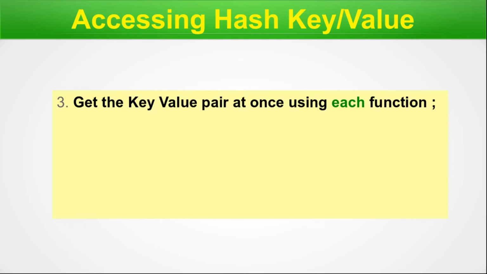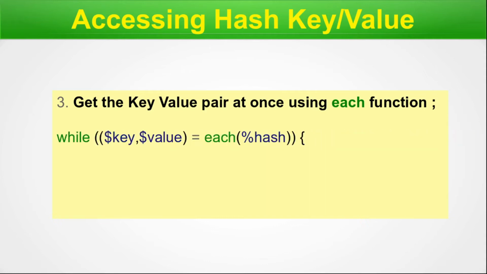Third case, get the key value pair at once using the each function. Each is another function for the hash. Let's see how we can use it. We have to use while, then $key and $value. I'm assuming here that I have defined my $key and $value earlier.